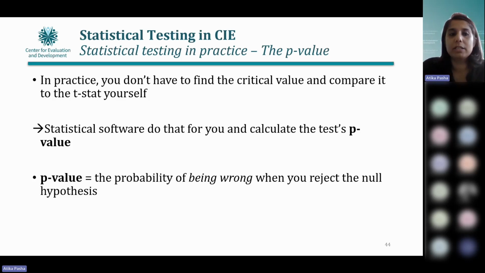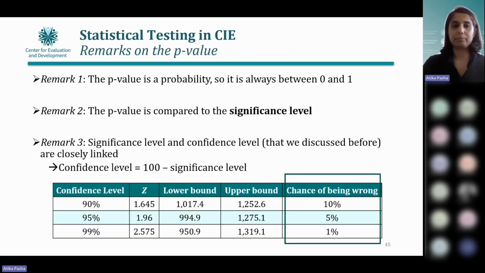All you have to do is look at the p-value. What is the p-value? The most intuitive way, technically not correct, but intuitive, of saying it is that it's the probability of being wrong when you reject the null hypothesis. Rejection of the null hypothesis is what we are aiming for with the testing, and the p-value will tell you the probability of being wrong when you've rejected the null hypothesis.